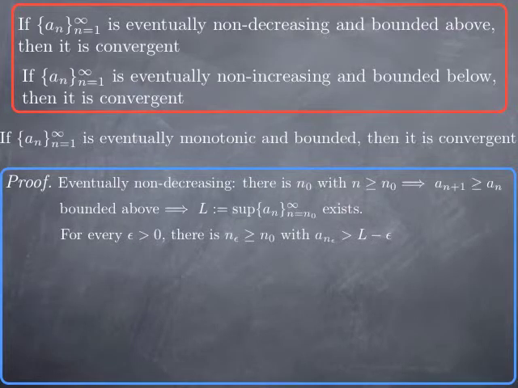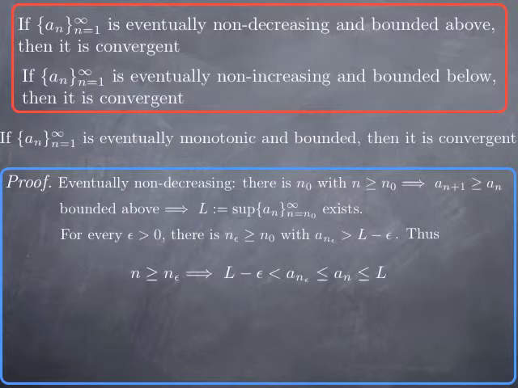And now, because it's a least upper bound, we use the observation we just made that for any positive epsilon, there is some n epsilon greater than n0, with a indexed by n epsilon greater than L minus epsilon.